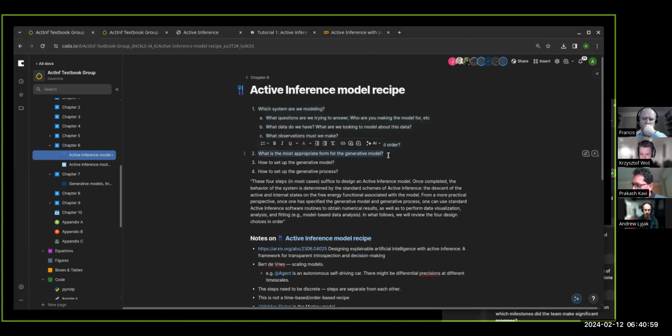Then what's the appropriate form of the generative model? One big distinction being, like figure 4.3, discrete time or continuous time, and all the strengths and weaknesses of these different techniques. Also, PyMDP is only for discrete time models right now, but there are other approaches for continuous time modeling.